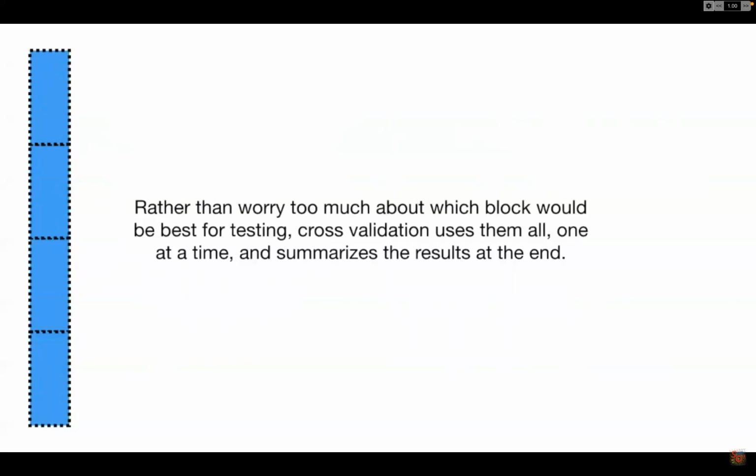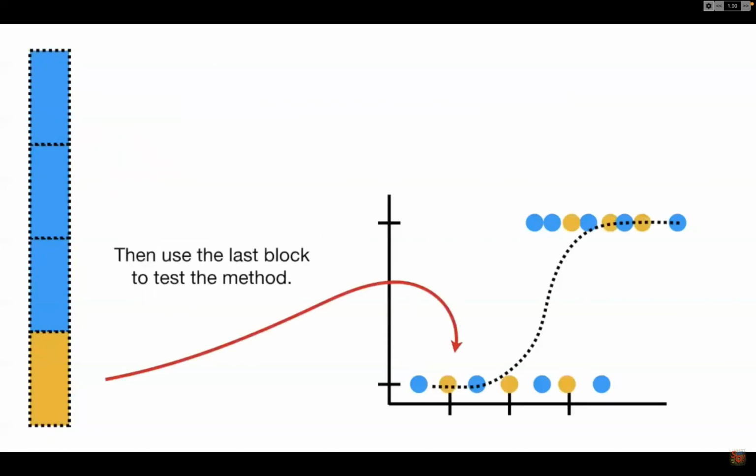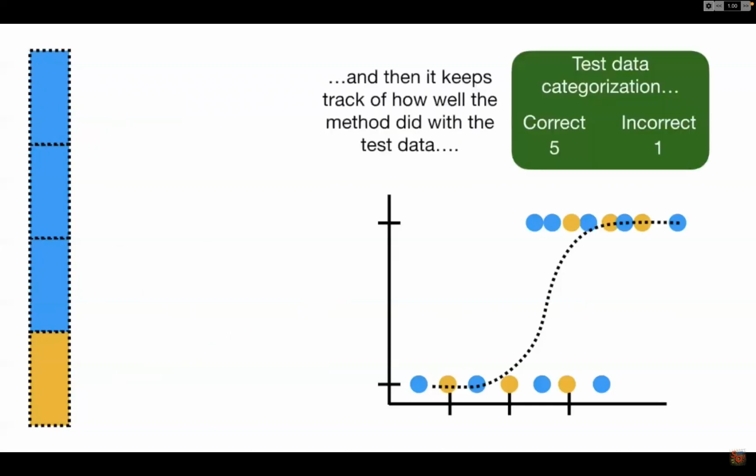Rather than worry too much about which block would be best for testing, cross-validation uses them all, one at a time, and summarizes the results at the end. For example, cross-validation would start by using the first 3 blocks to train the method, and then use the last block to test the method.